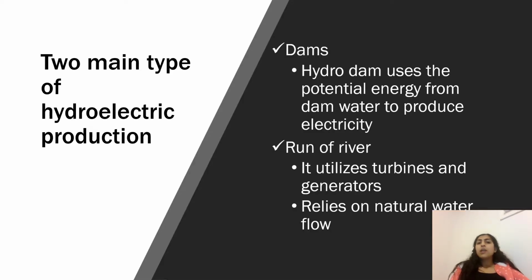There are two main types of hydroelectric production. First, we have dams. A hydro dam utilizes the potential energy from dam water to produce electricity. A dam is a large barrier constructed to raise the water level and also control the water flow.